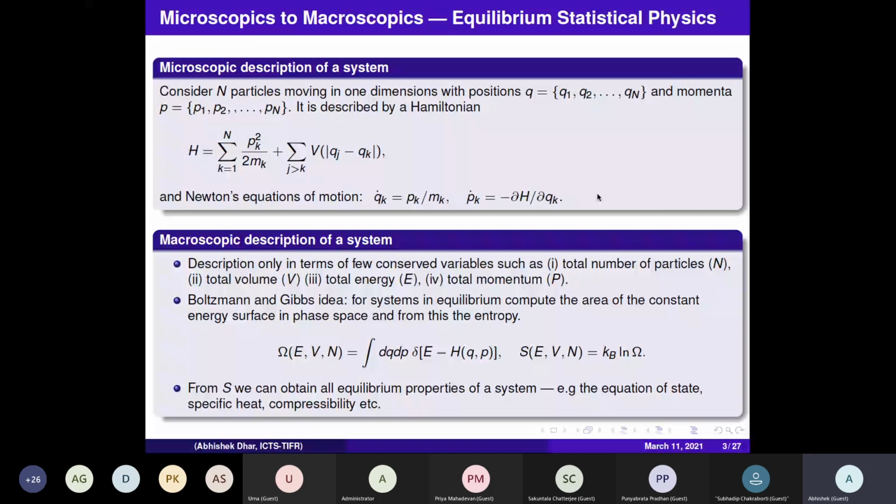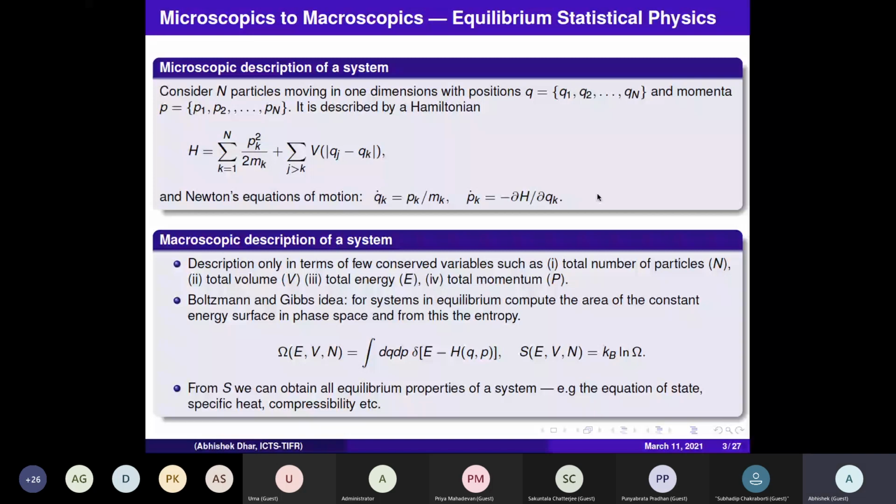Okay, so these are the only conserved quantities, and in the macroscopic description, somehow these are the only relevant variables. The basic idea is due to Boltzmann and Gibbs, where you say that at a microscopic level, the system is evolving on a constant energy surface.